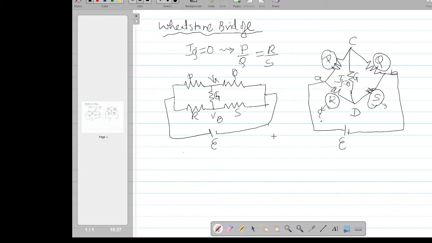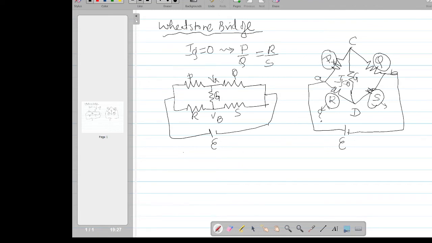So we can make a statement that the Wheatstone bridge is nothing but a bridge consisting of 3 known resistors, that is P, Q and S, and with the help of these we can calculate the unknown resistance R. I can take this as the definition of the Wheatstone bridge.